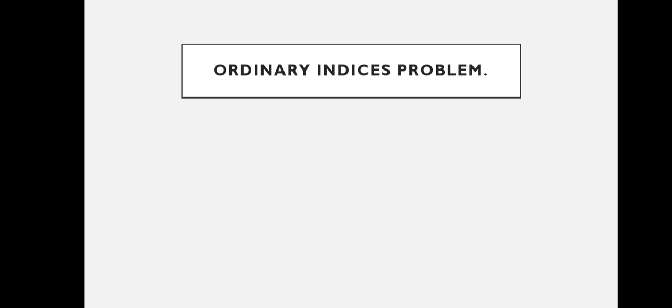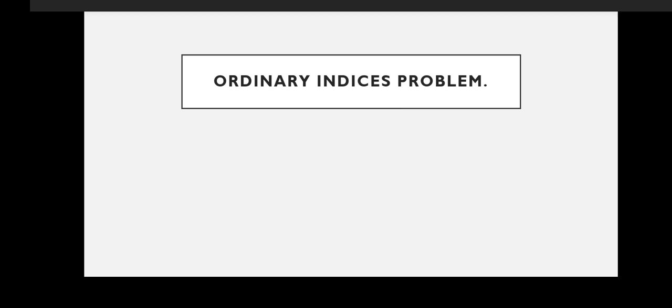Next up, ordinary indices problem. We're going to be looking at some problems here that we're going to solve together. The first I want us to look at, we're going to have to evaluate.